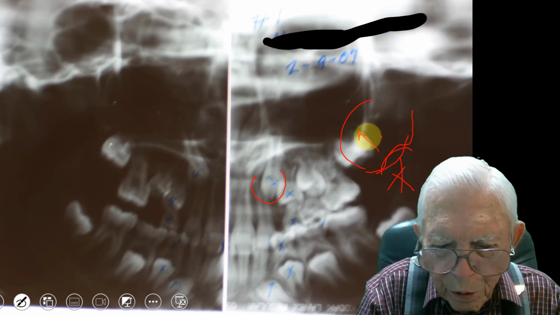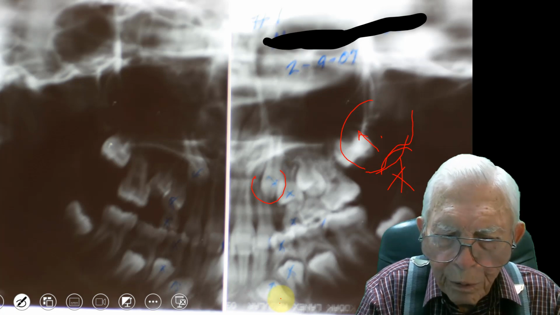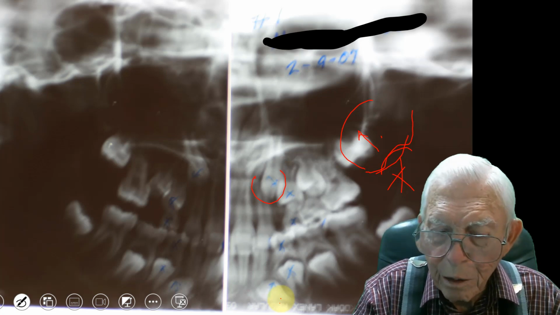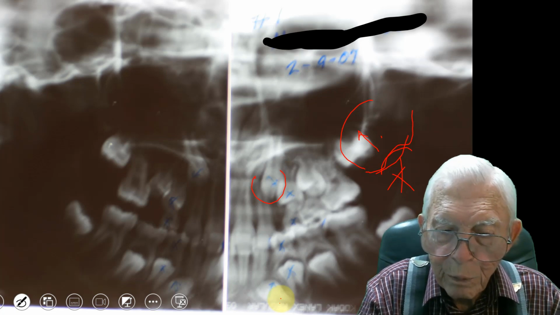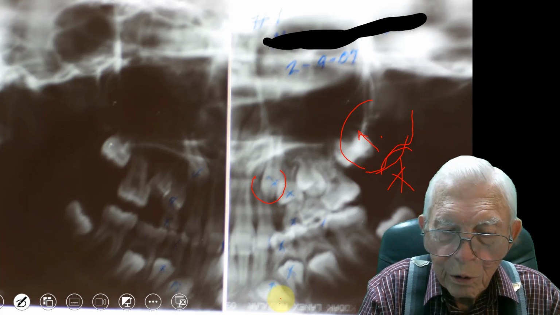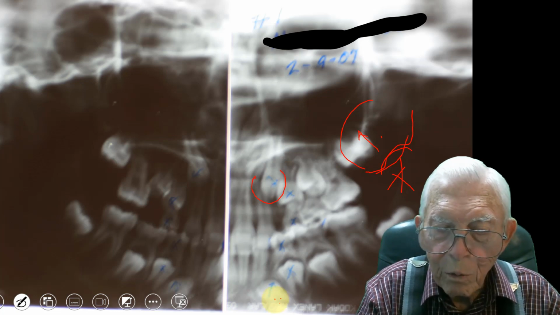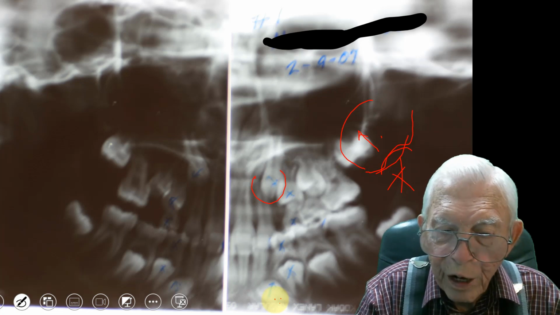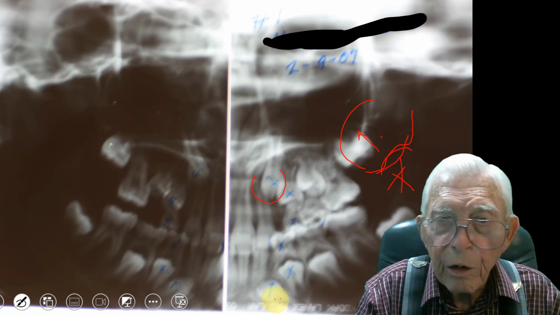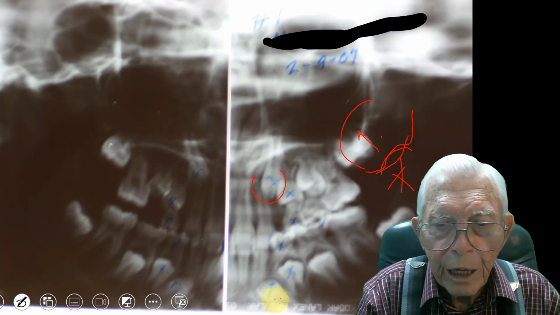Now look at this tooth out here. It is hopelessly impacted. It is a pain. If you tried to expand this and get this tooth up here, you'd have such a surgical problem straightening this tooth up. But watch what you can do with follicular movement of extremely crowded cases.